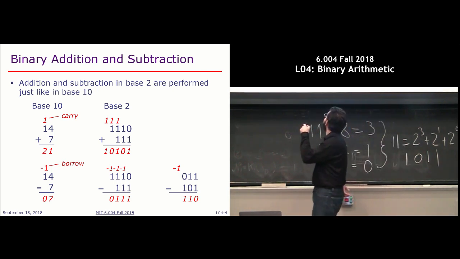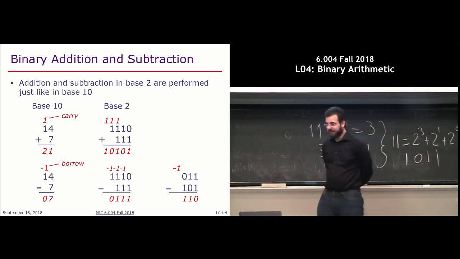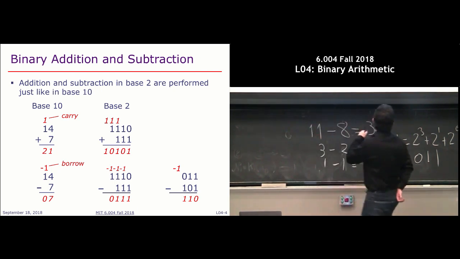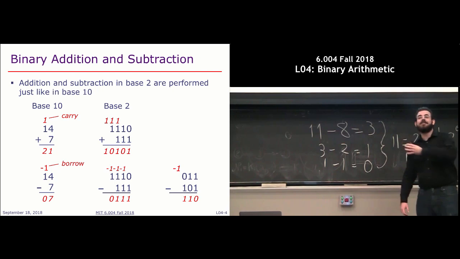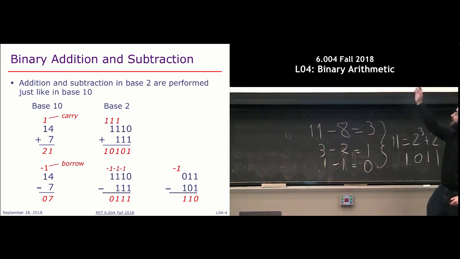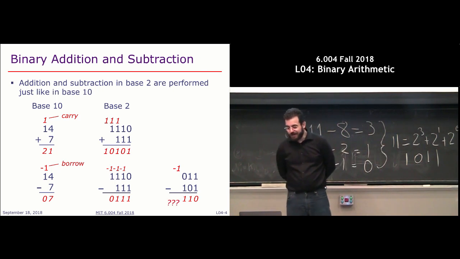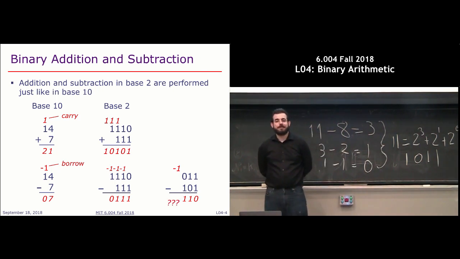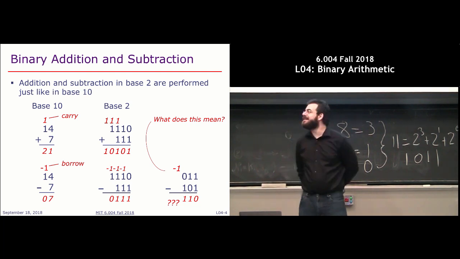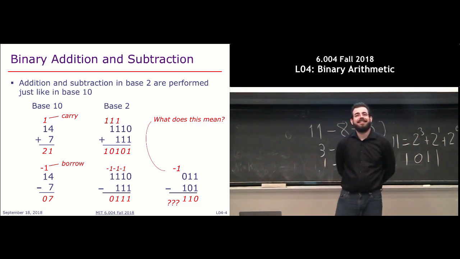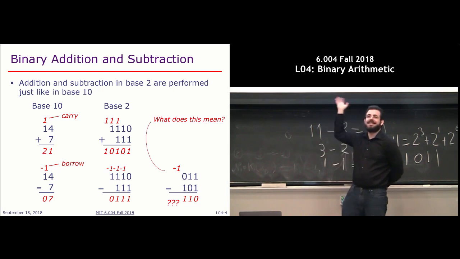But I would always have this minus 1 to borrow. So I would get an infinite string of 1s if I kept going, right? So what does this minus 1 mean? I mean, what is this saying? Why can't we just do something and represent the number that we want to represent?